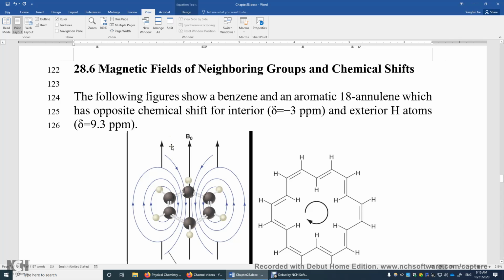Of course, there is shielding effect from the electrons, but because of this electric loop, you have another factor here, which is in the opposite direction to the shielding effect, or the same direction as the external magnetic field. So this reduces the shielding effect.